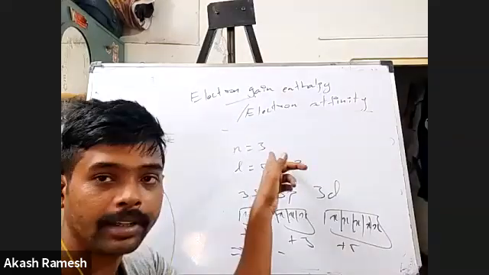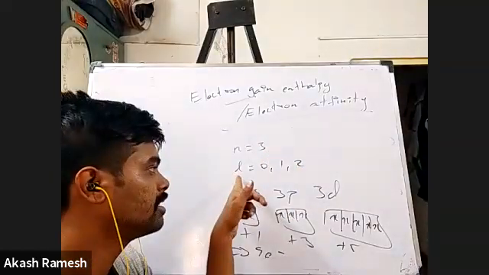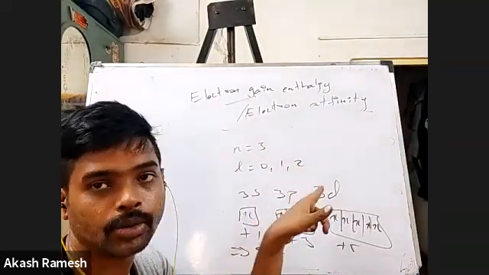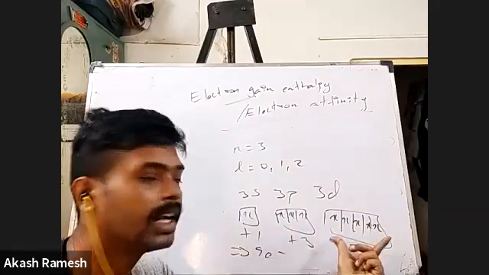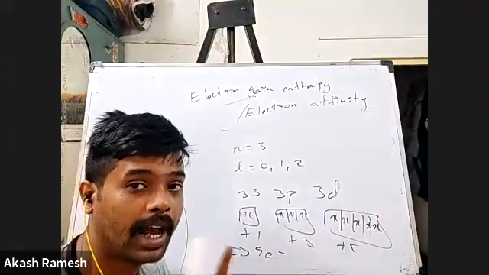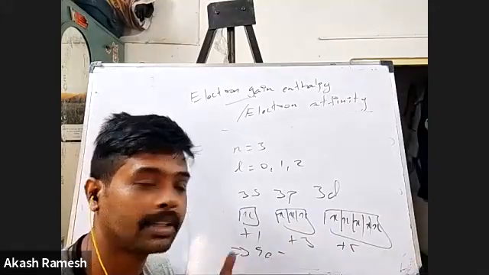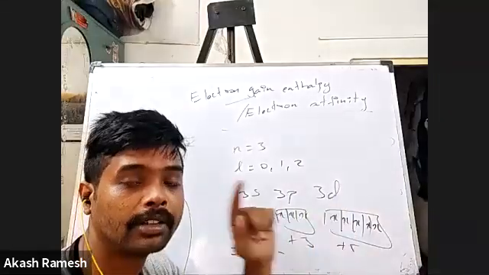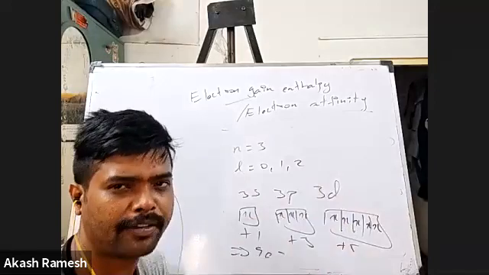Can you explain again, sir? Yeah, sure. So basically, n is equal to 3, which means I can have l values 0, 1, and 2. That means s, p, and d, all 3 are there. So s will have 1 orbital, p will have 3, d will have 5. I have filled all the electrons here. Now they're asking how many electrons can be there in this shell with a spin of -1/2 or +1/2, doesn't matter.